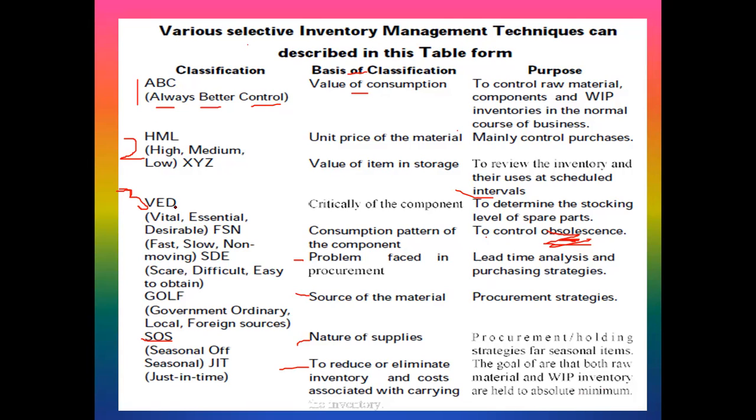Up to now, GOLF is not there in your syllabus, SOS is not there in the syllabus, JIT will be there in the last unit. We will discuss each step by step and also how to solve the problem, right? Okay.